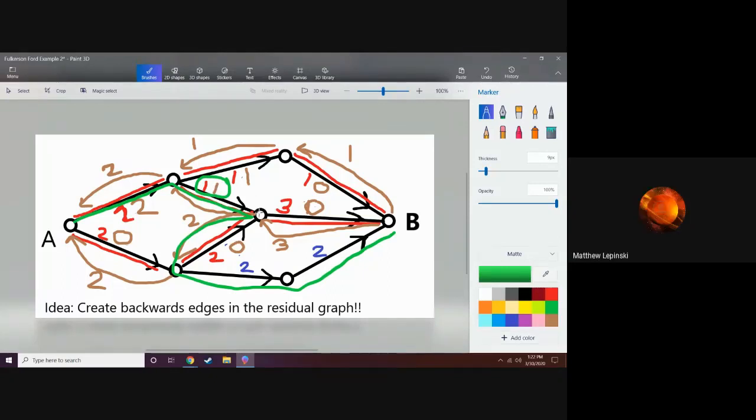So what I would end up doing is backtracking 1 of these 2 units. I would only end up using then 1 of these 2 capacities and 1 of those 2 capacities.